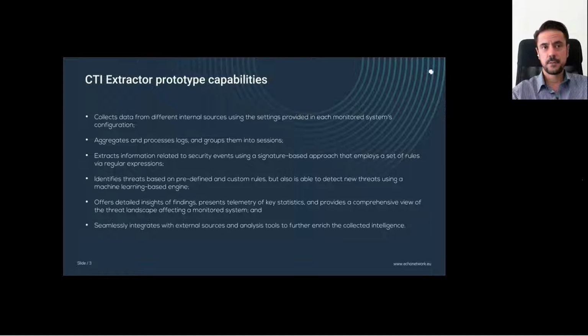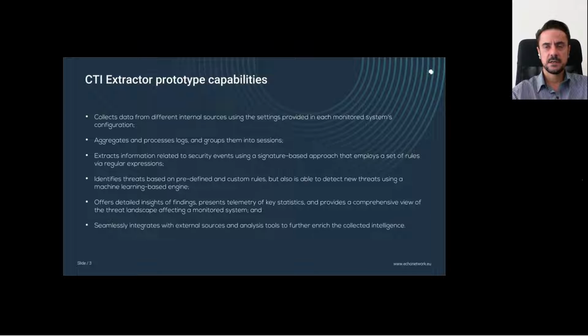The next step is to extract information related to these security events, and as a first step we use a signature-based approach. This signature-based approach is, let's say, quite a naive way, but it has proven to be quite efficient in the past.